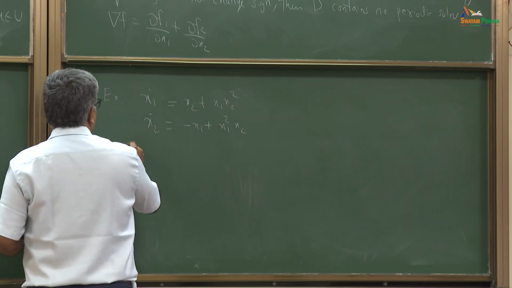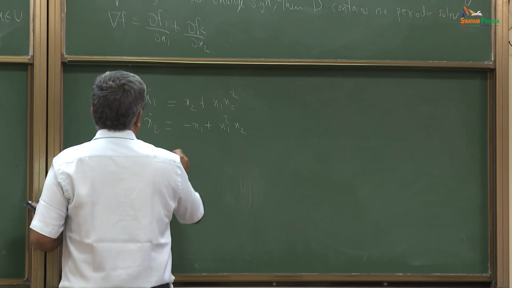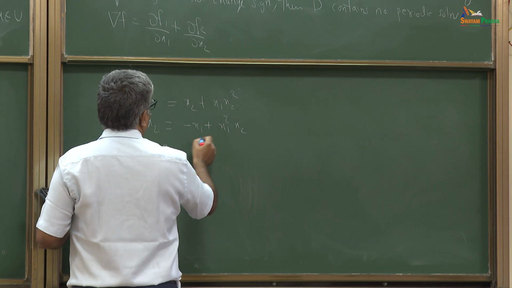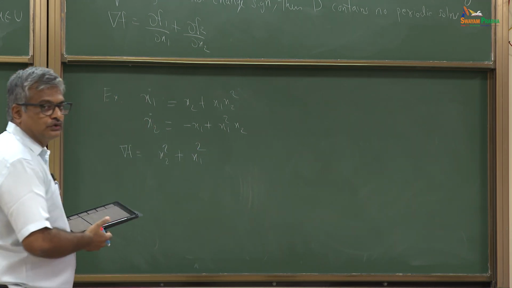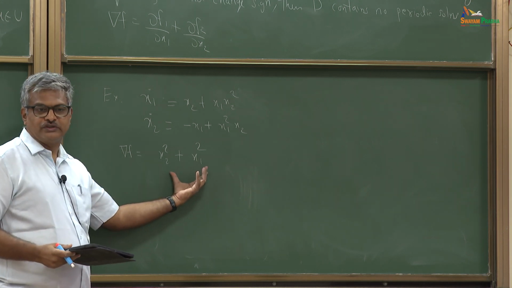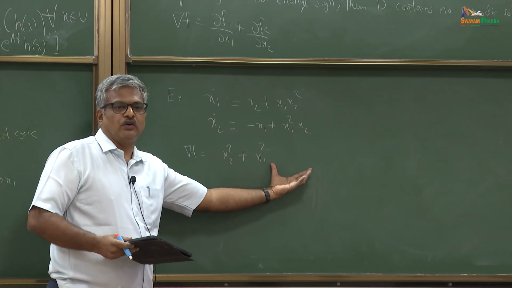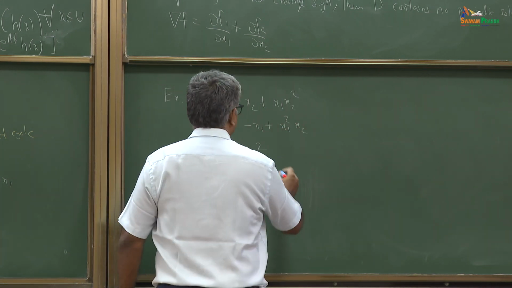So let us calculate the divergence of f, which is nothing but x2 squared, with respect to x1. This is not identically equal to 0, and this is always positive for all x not equal to 0.